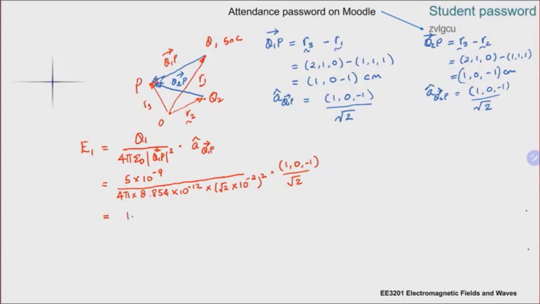This gives us 1.589 times 10 to the 5 times (1, 0, -1), per meter.